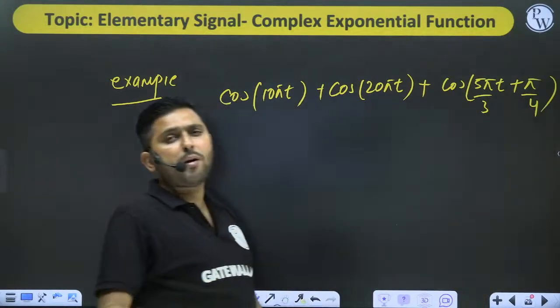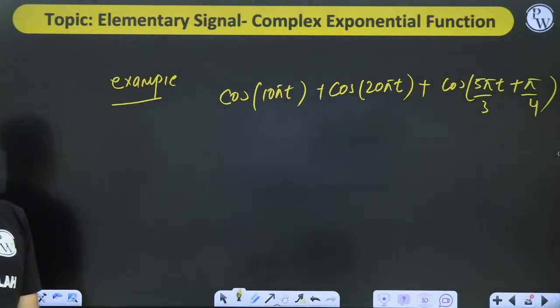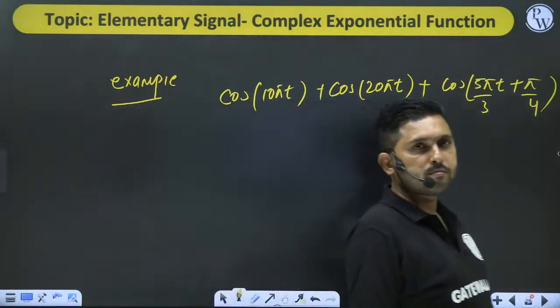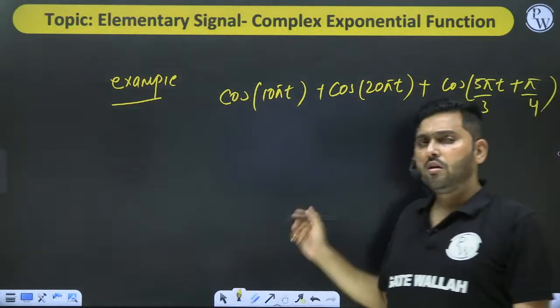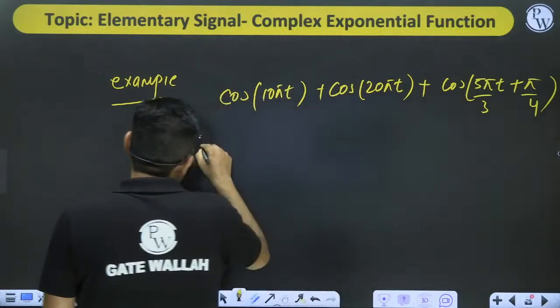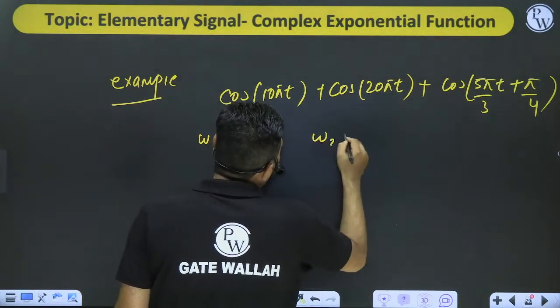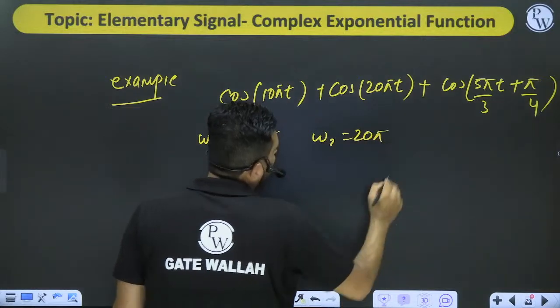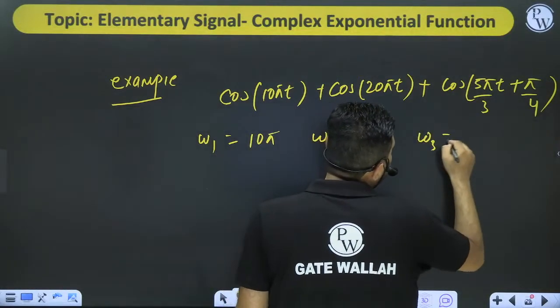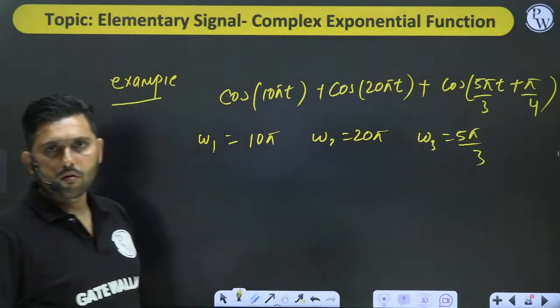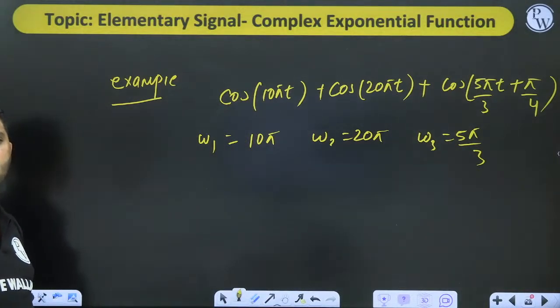I want to go by what? Omega method. So let's take omega 1. Omega 1 is 10 pi, omega 2 is 20 pi, and omega 3 is 5 pi by 3. Let's find out the GCD.